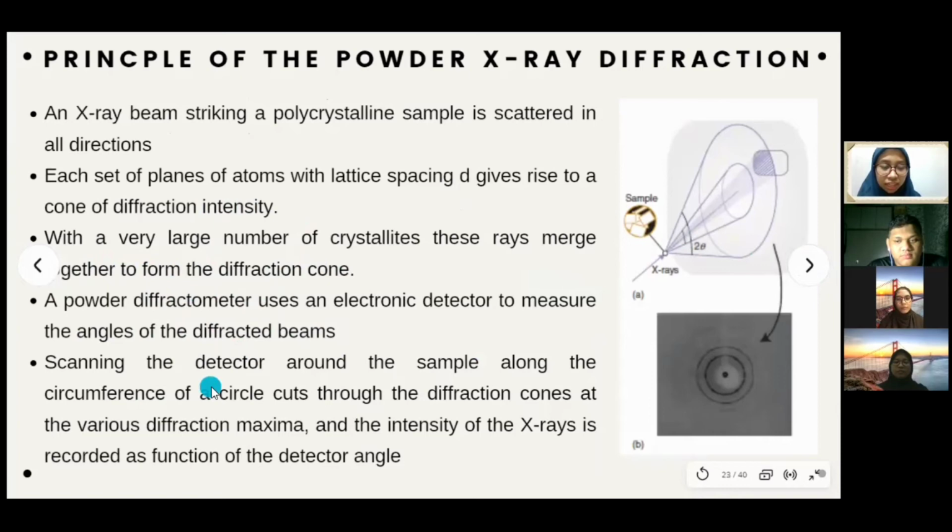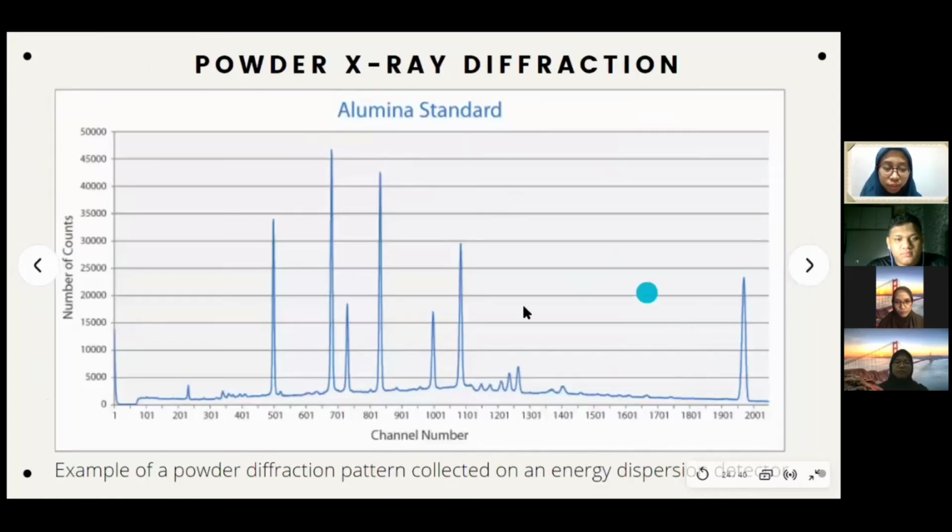Scanning the detector around the sample along the circumference of a circle cuts through the diffraction cones at the various diffraction maxima, and the intensity of the X-rays is recorded as a function of the detected angle. This is an example of a powder diffraction pattern collected on an energy dispersive detector.